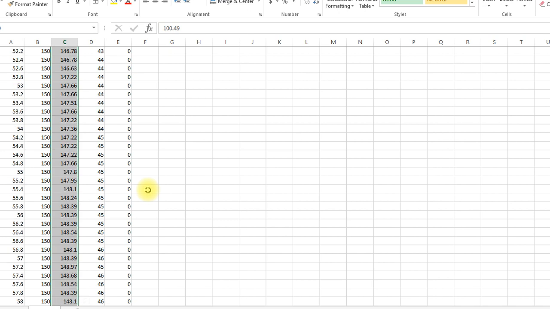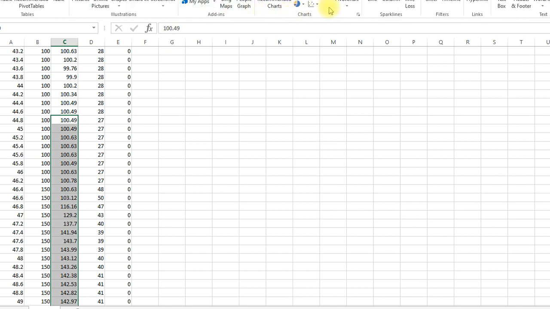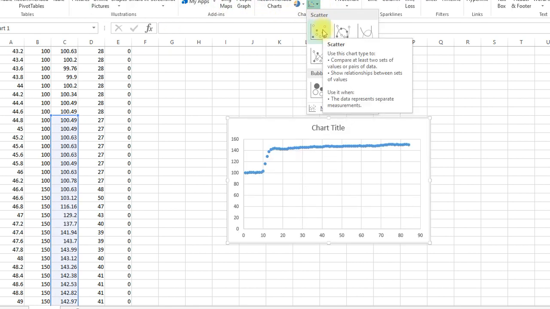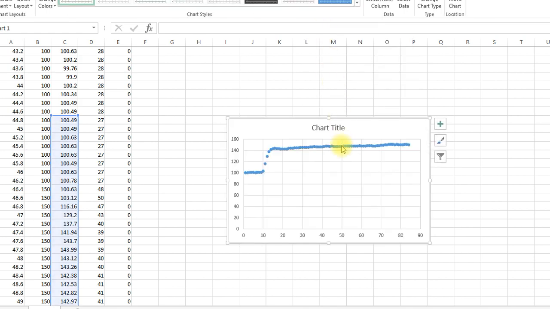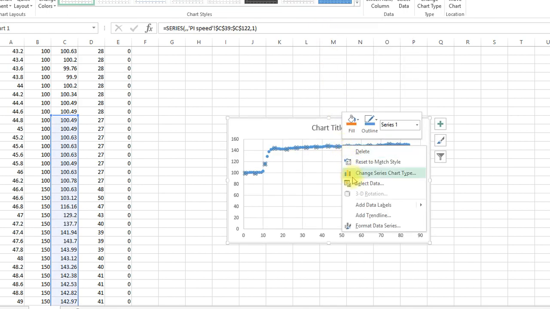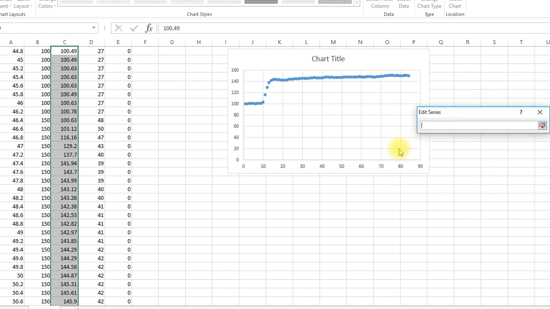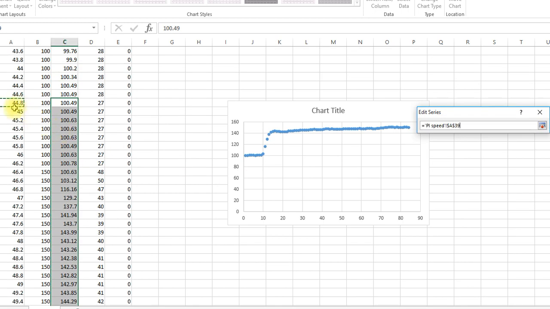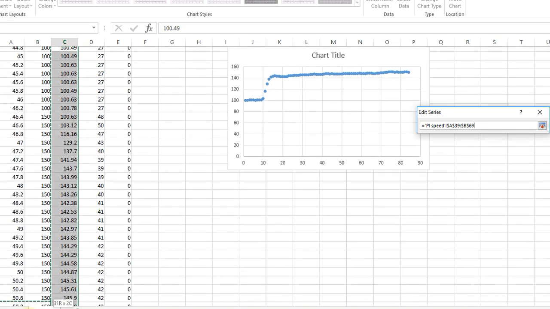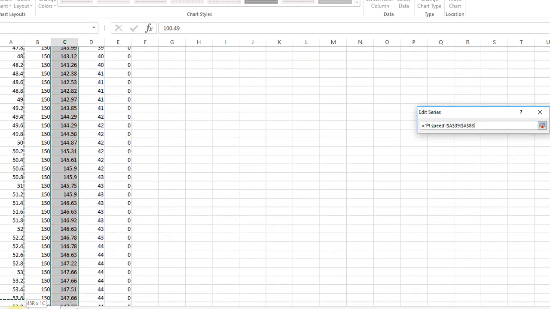Okay, so if you plot this one, this is real variable, real flow rate, and this is the time.